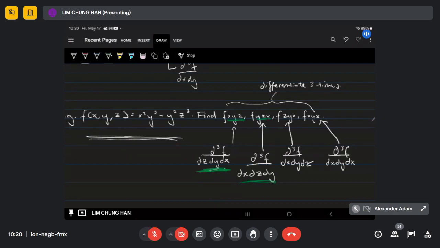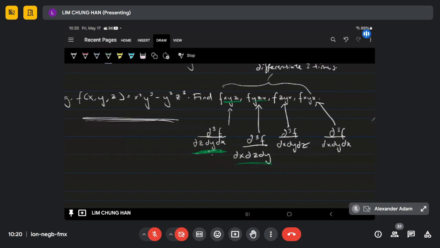So what does it mean? So what this means is, for the first one, I want you to do df dx and then df dy, and then finally df dz.